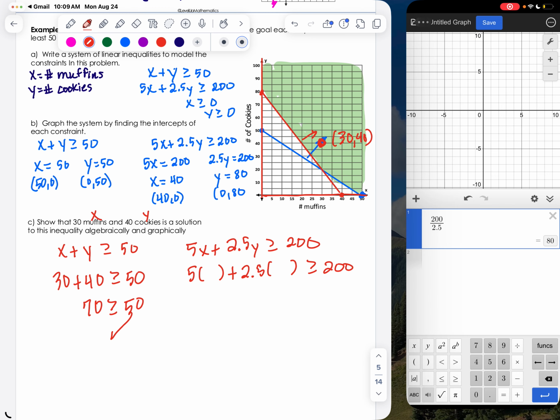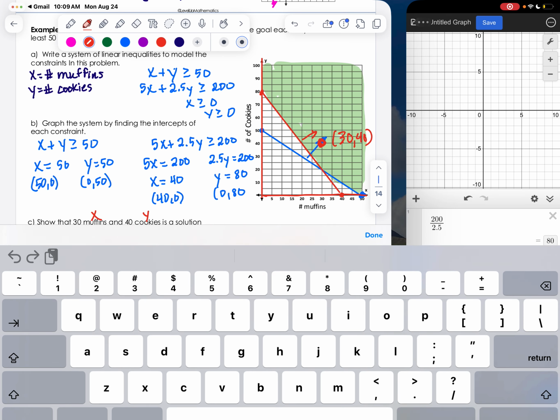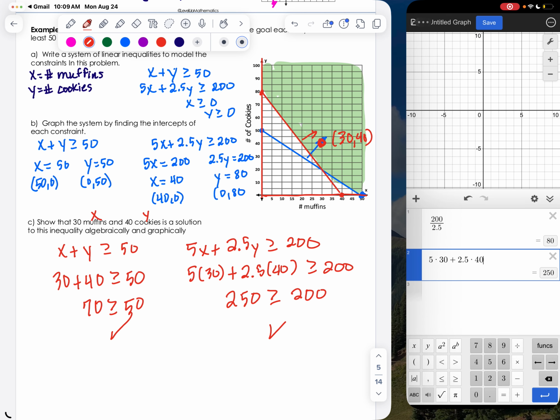And I will plug in 30 muffins and 40 cookies. Now I'm going to need my calculator for this one. 5 times 30 plus 2.5 times 40 gives me 250. And you ask yourself, is 250 greater than or equal to 200? And sure enough, it makes that inequality true too.